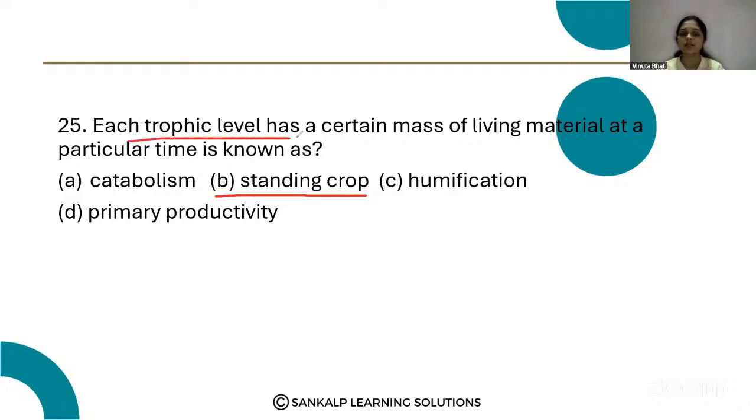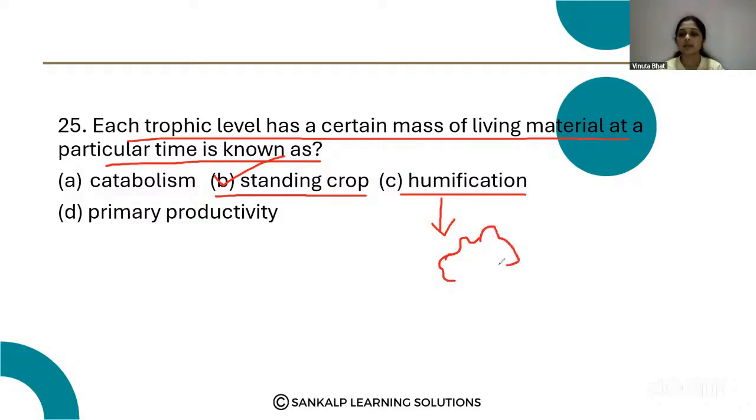Each trophic level has a certain mass of living material at a particular time, which is known as standing crop. Okay, that is the correct one. Then what is humification? Humification means the black colored soil that is formed by dead organic matter, which is rich in nutrients and undergoes decomposition very slowly.